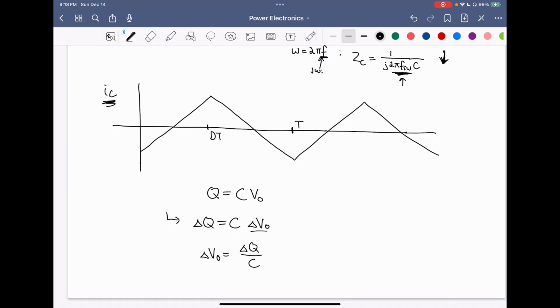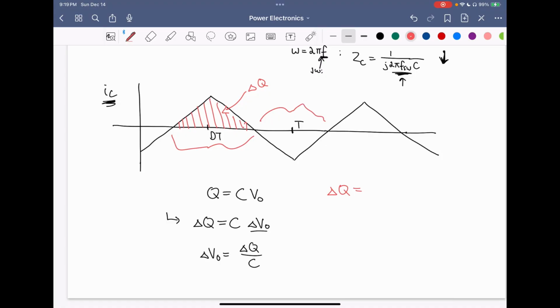So the change in charge is the area of the triangle above the time axis, which is this area. This is the change in the capacitor charge. And we can solve for this area, change in Q, because we know this is symmetrical to this area that's negative.